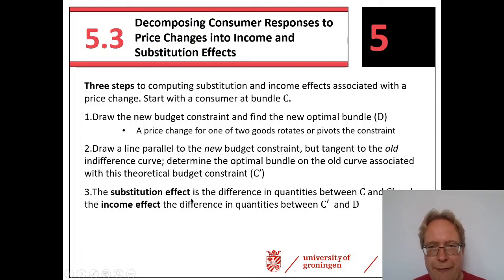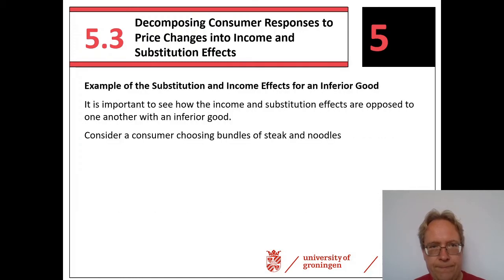The substitution effect is the change from C to C prime, the old situation compared to the hypothetical situation. The income effect is the other part, the change from C prime to D, the hypothetical situation compared to the new situation. So that's how to decompose consumer responses to price changes into substitution and income effects.